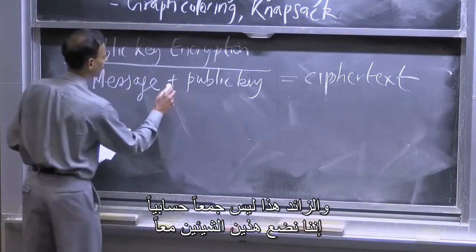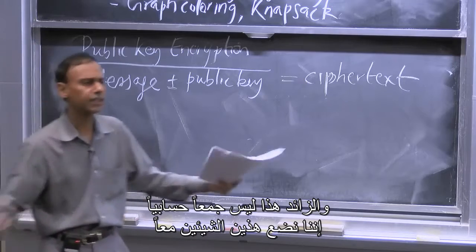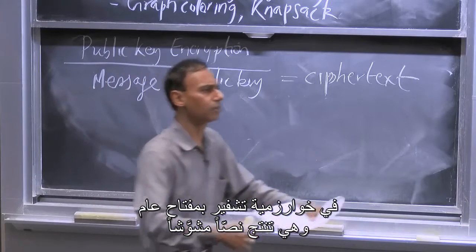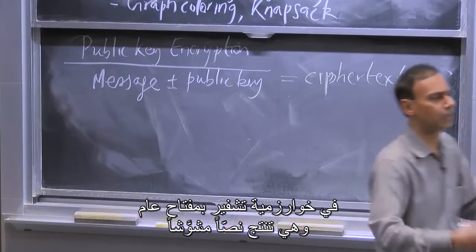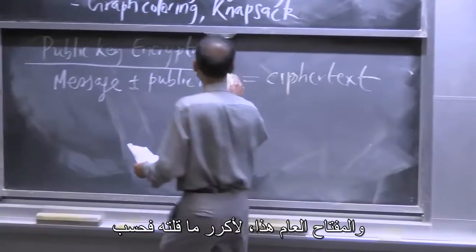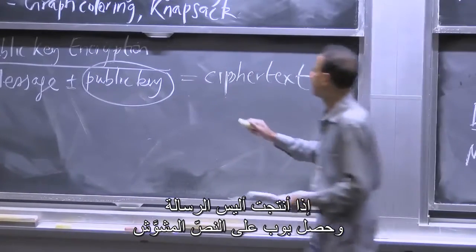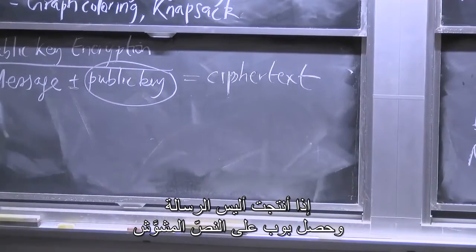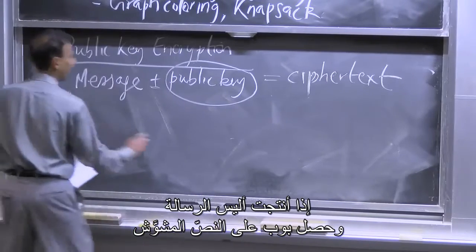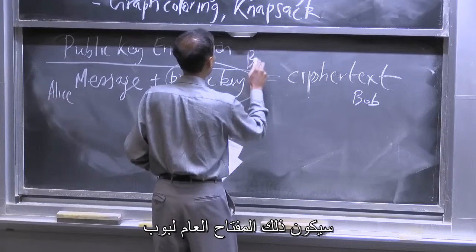And this plus is not arithmetic addition. It's just that we are putting these two things together into a public key encryption algorithm that produces ciphertext. And this public key, if Alice is producing the message and Bob is getting the ciphertext, is going to be Bob's public key.